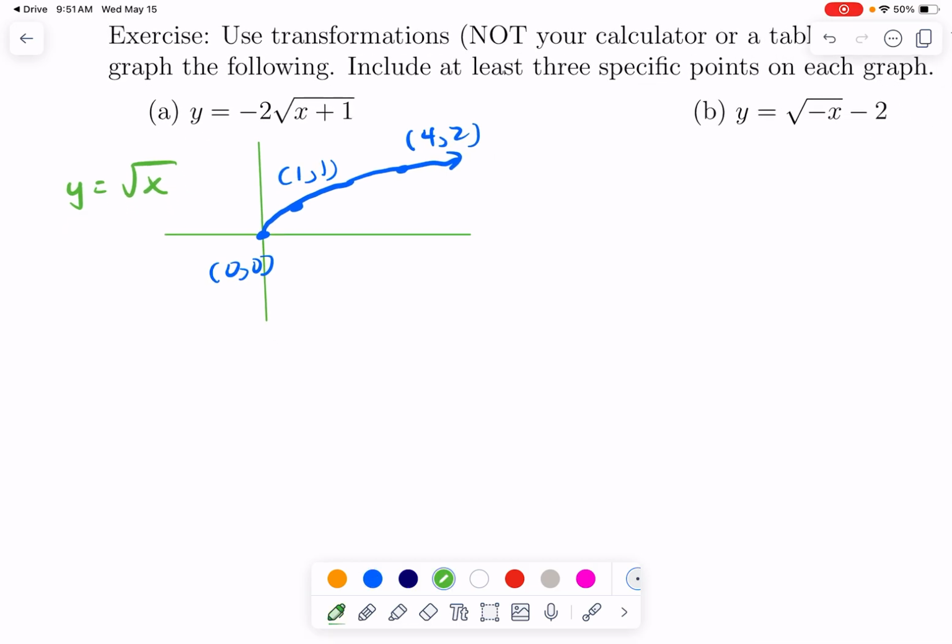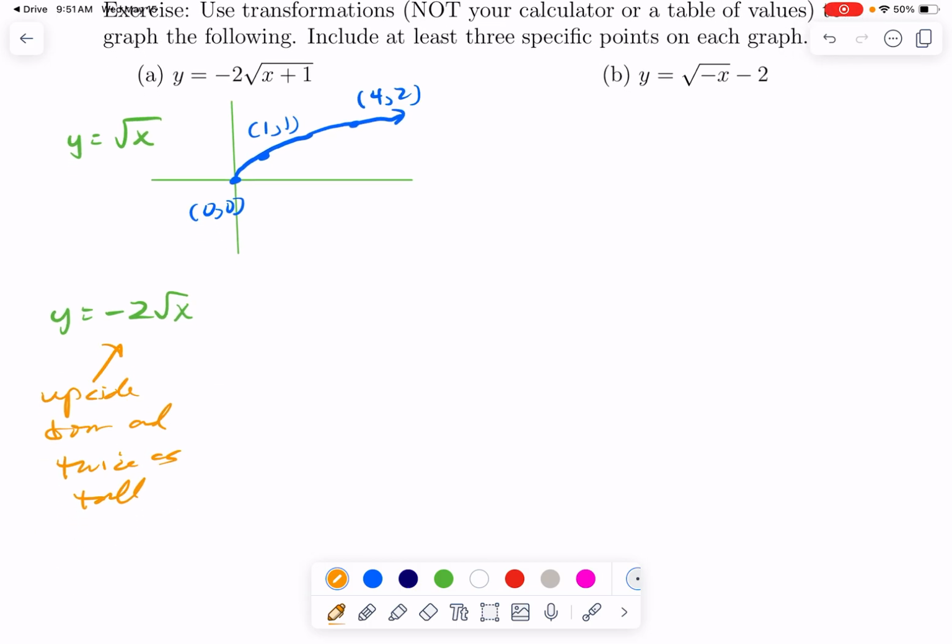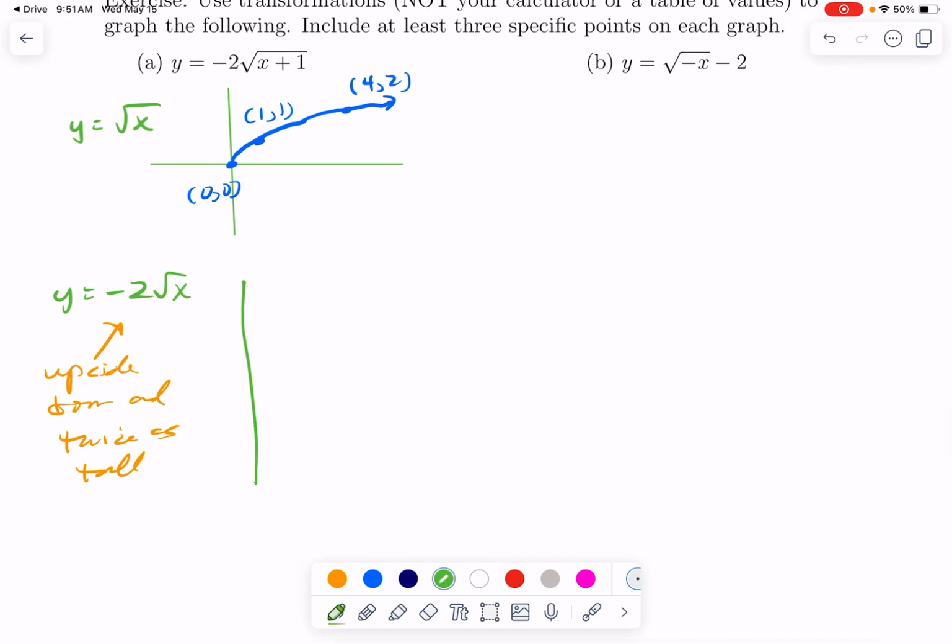Then what I could do is multiply that by negative 2. That's going to turn it upside down and twice as tall. So effectively, I'm multiplying each y coordinate by negative 2. I had a point here where the y coordinate was 2. If I multiply that by negative 2, I get negative 4.